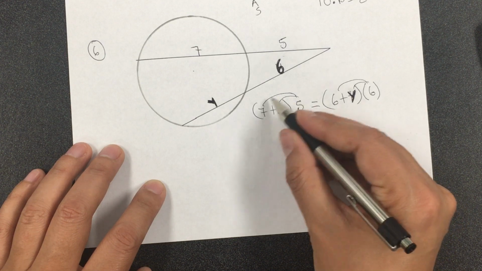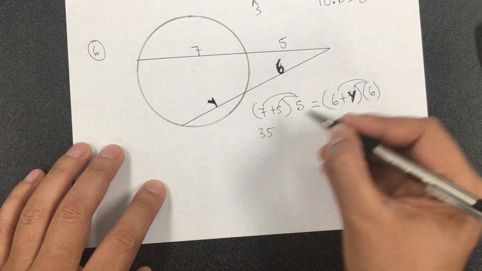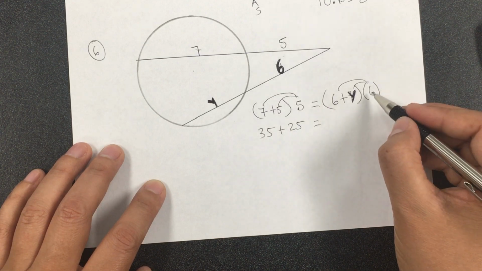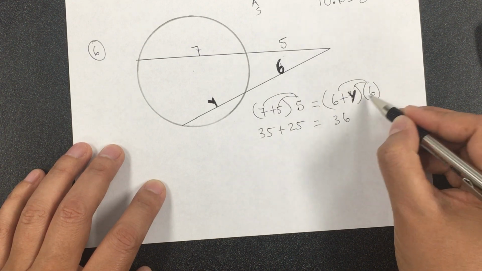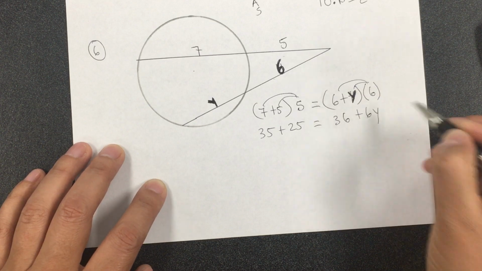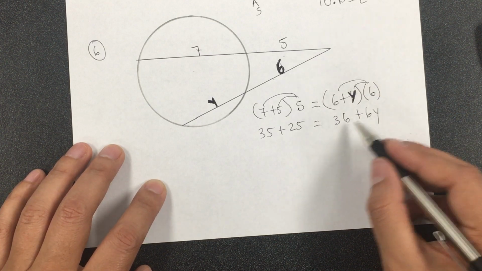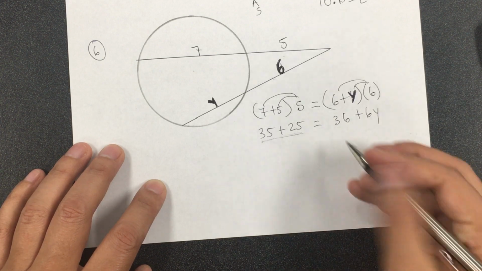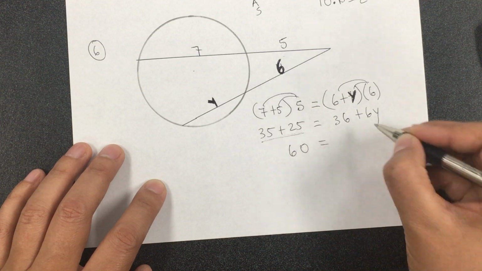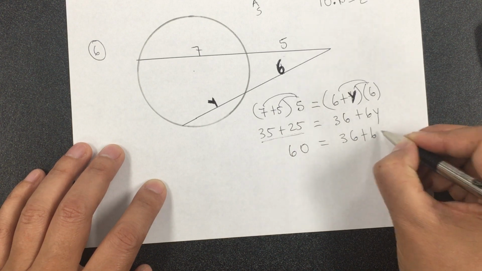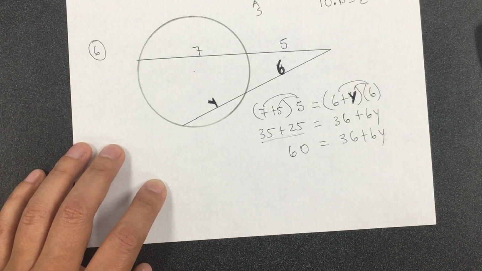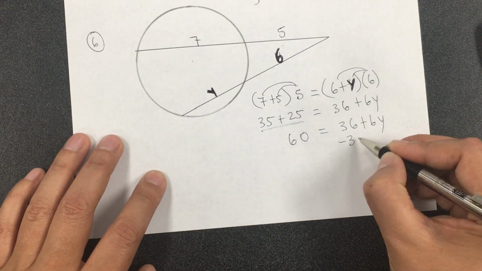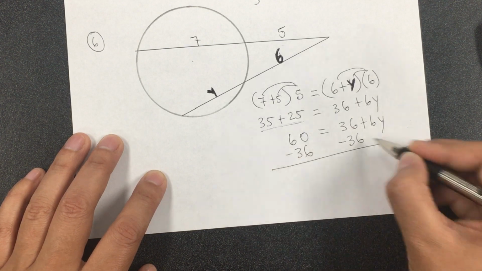So 5 times 7 is 35. 5 times 5 is 25. And the other side is 6 times 6 is 36. 6 times y is 6y. If I'm adding 36, first let me simplify this. 35 plus 25 is 60. I just bring this side down the same way. So now where I'm adding, I'm going to subtract to cancel it.